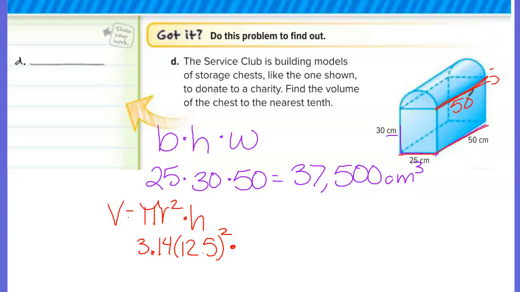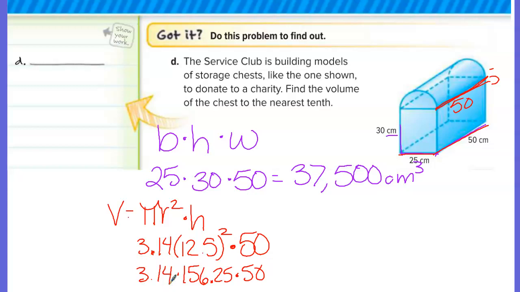So the height of my cylinder is 50. I do order of operations first. To solve, I take 12.5 squared, and I get 156.25. And I still have to multiply that times 3.14 and times 50.